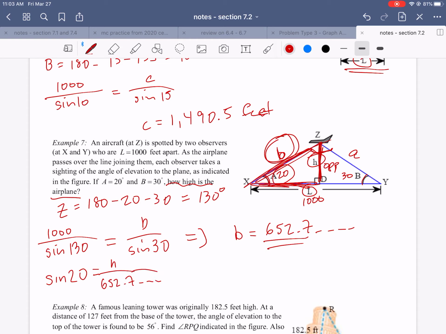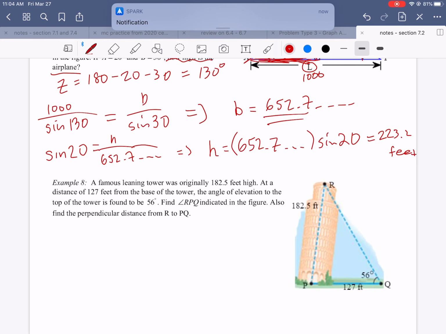I'm going to leave it in my calculator as it is, and so that's going to allow me to solve for h, which is going to be 652.7, etc., multiplied by the sine of 20, and punching that into the calculator is going to give you your answer of 223.2 feet.